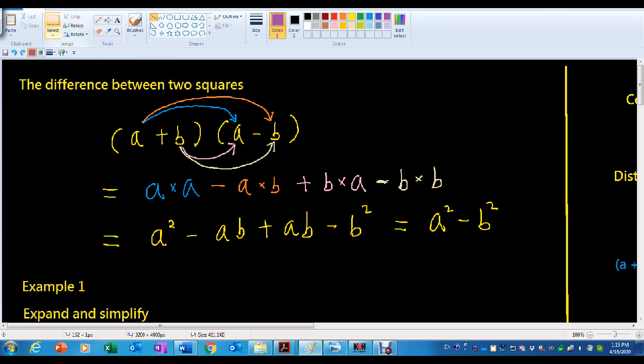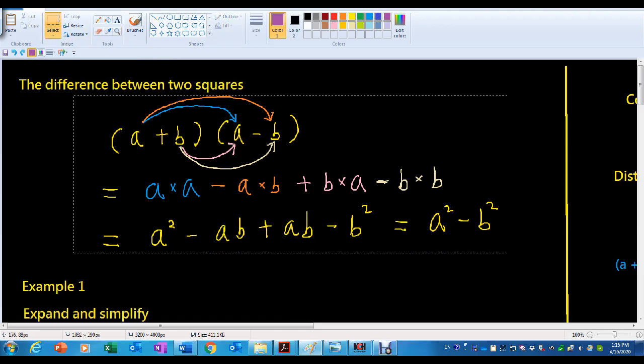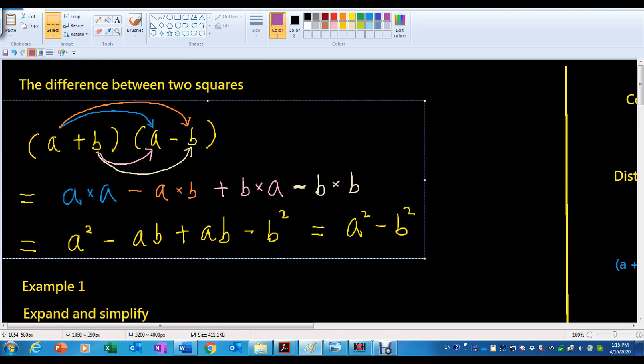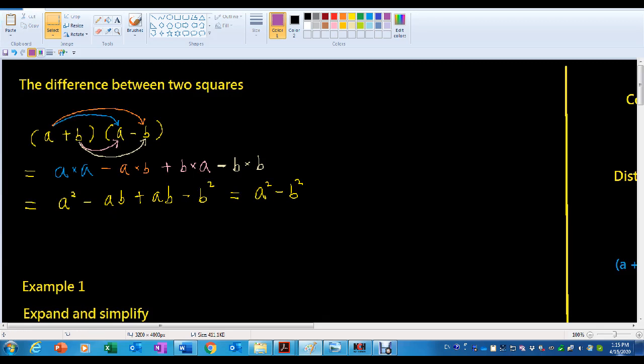Let me create a bit of space so I can write our answer here. Basically, if I have the difference between two terms times the sum of two terms, then what we get is the square of the first term minus the square of the second term.